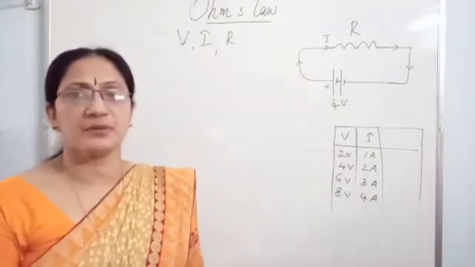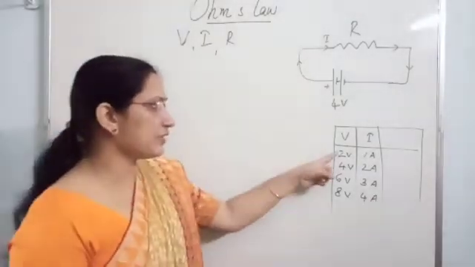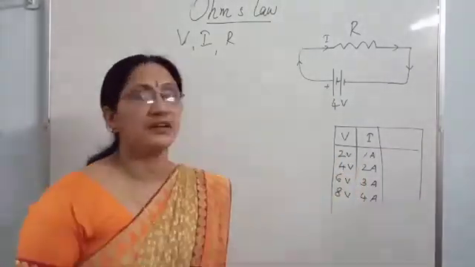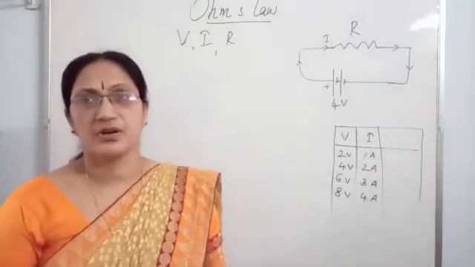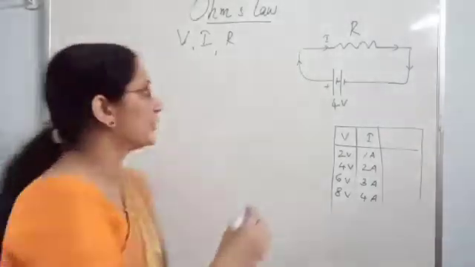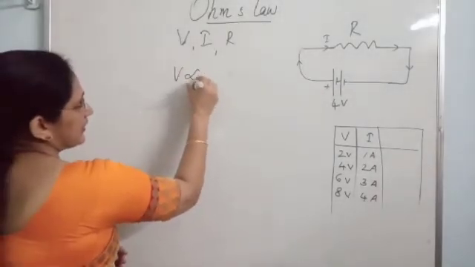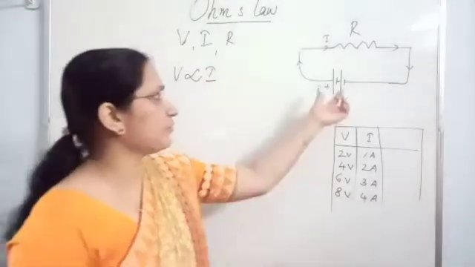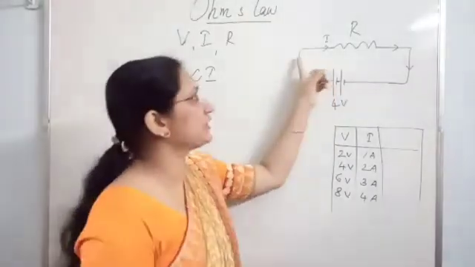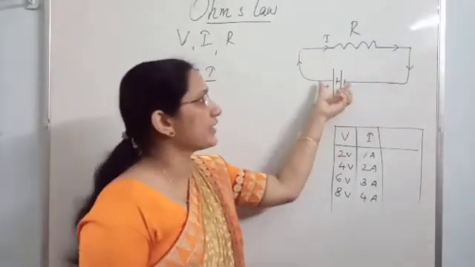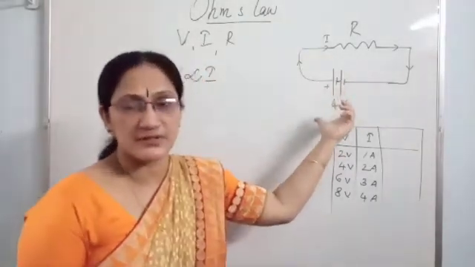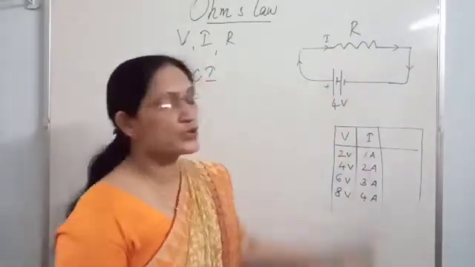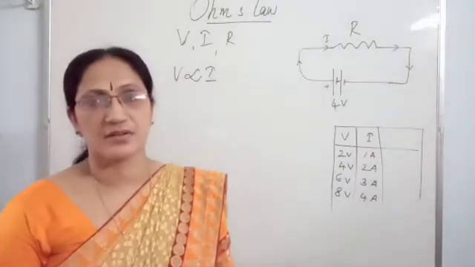So from this experiment you will notice that when the V value increases, a proportionate increase happens in the I value, and this is known as Ohm's law. V and I are directly proportional. When the potential difference across the conductor increases by increasing the number of cells, the I value also proportionally increases.